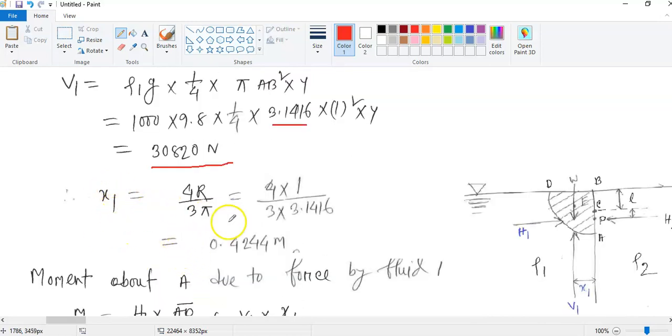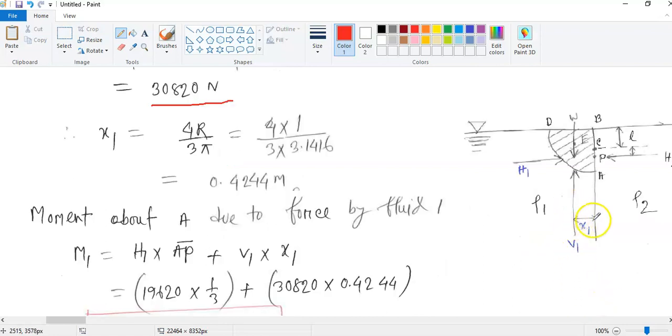Similarly, to calculate the moment we need the vertical distance x1, which is 4r by 3 pi, with r equal to 1 and pi equal to 3.1416. So we substitute this. Now we know all distances, we know this horizontal force, this vertical force, and their distances.